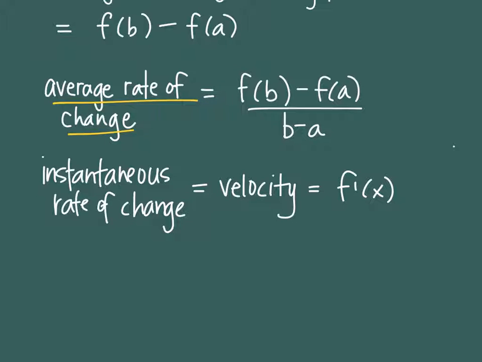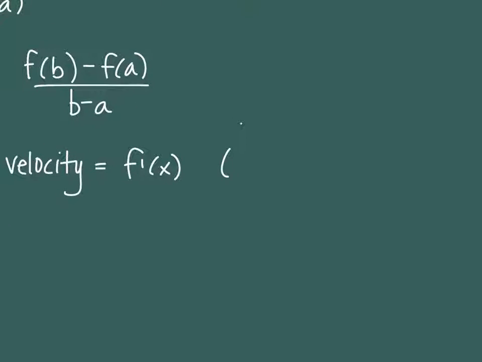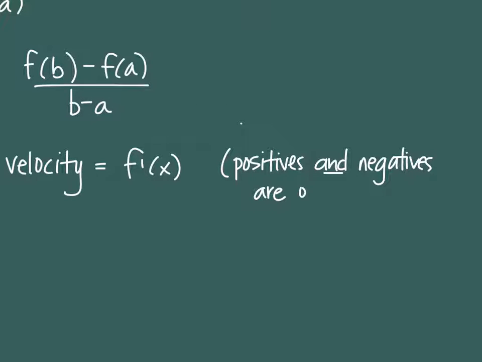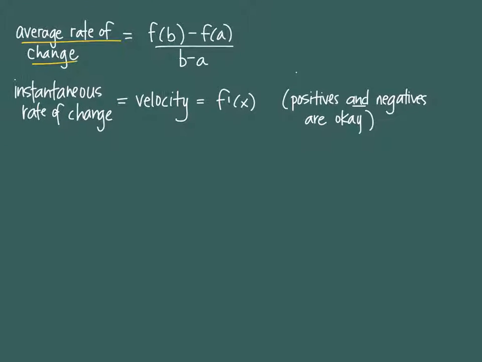Velocity can be either positive or negative. So positives and negatives are okay. If you have negative velocity, then depending on the situation, that means you're either going down or you're going left.